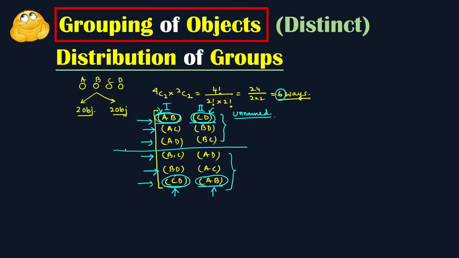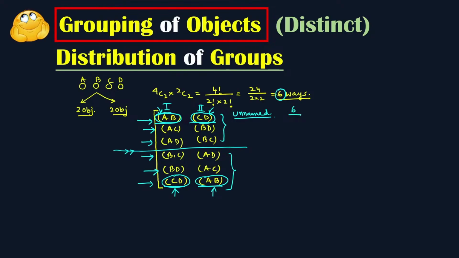So this is actually the line of symmetry. It is dividing this total of 6 arrangements, or the 6 ways of dividing these 4 objects into 2 groups containing 2 objects each, into 2 equal halves. Therefore, the actual number of ways of forming these 2 groups containing 2 objects each will not be 6 ways.